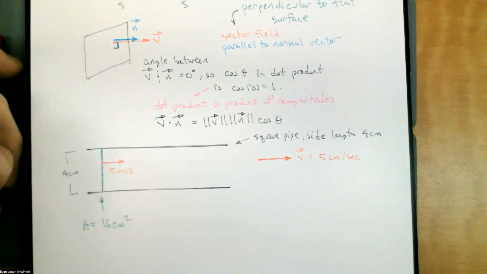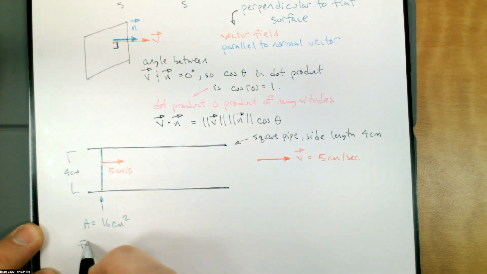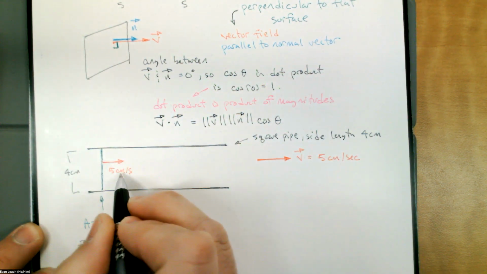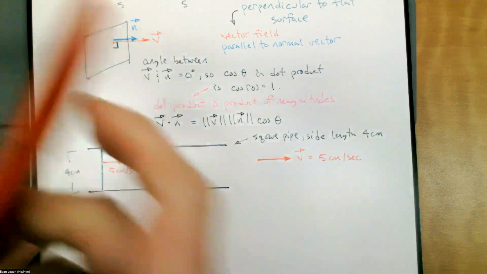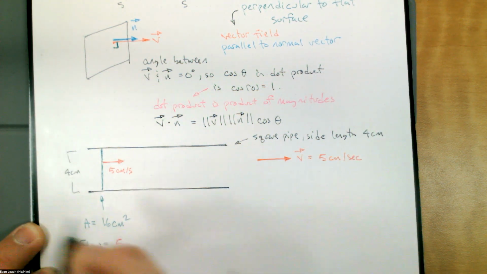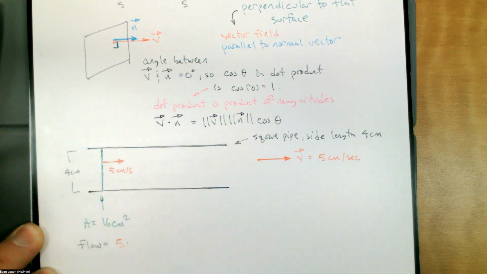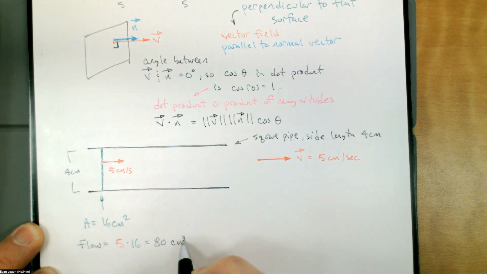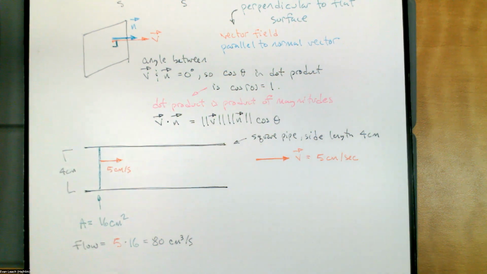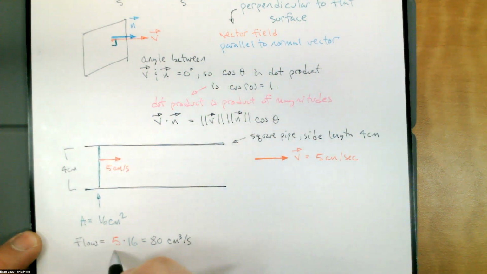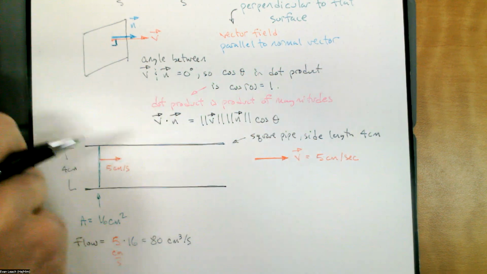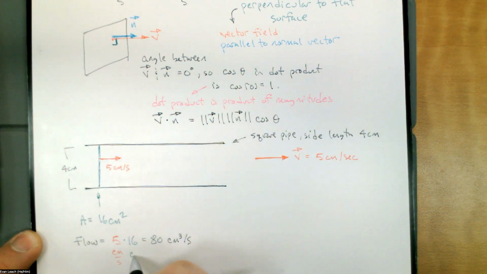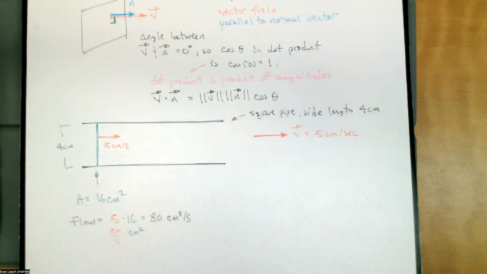And so our flow will be 5 centimeters per second times 16 square centimeters, which is 80 cubic centimeters per second.